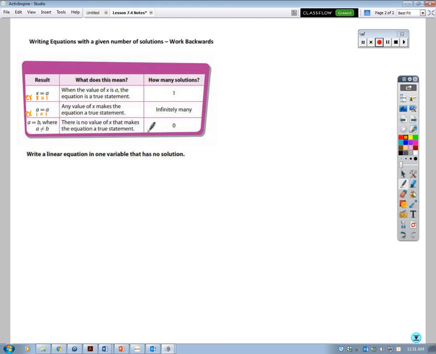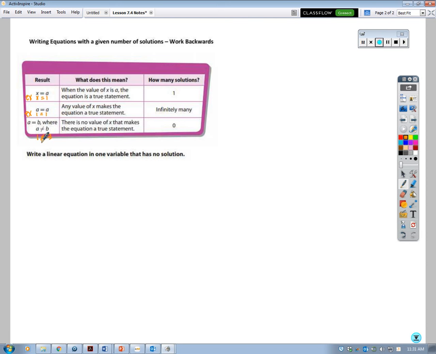And if you have no solutions, you're going to have a number that is not equal to another number. So you might have something like 1 is equal to 3, which is a false statement. 1 is not equal to 3. So you're starting with the result and working backwards.